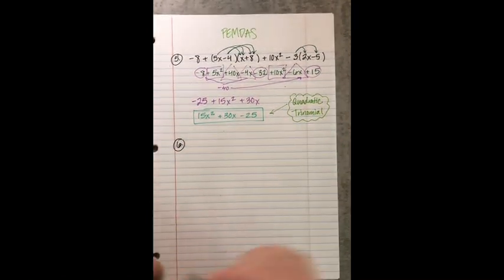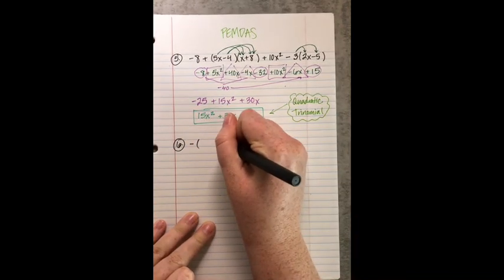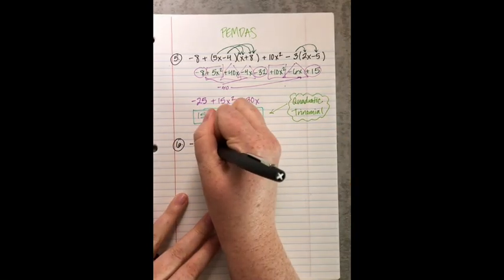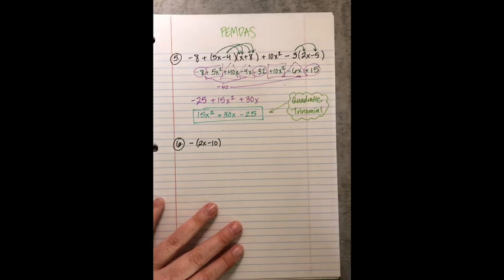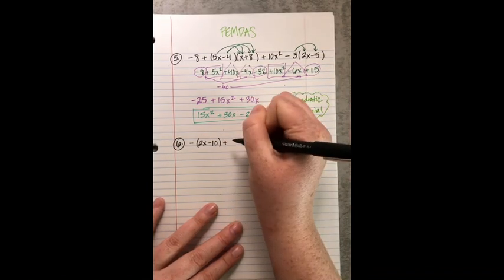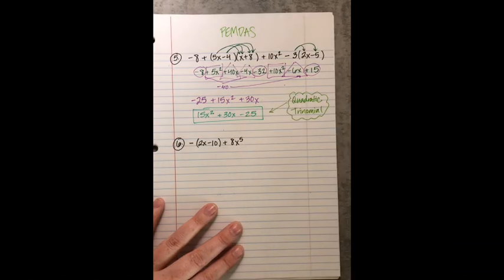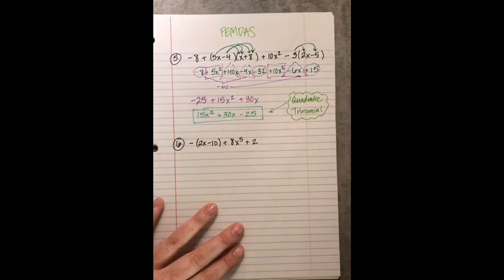Isn't that weird? Okay, we got a negative out front of parentheses. Inside those parentheses, you have 2x minus 10. Then after that, you're going to add 8x to the 5th power. And then you're going to add a 2.